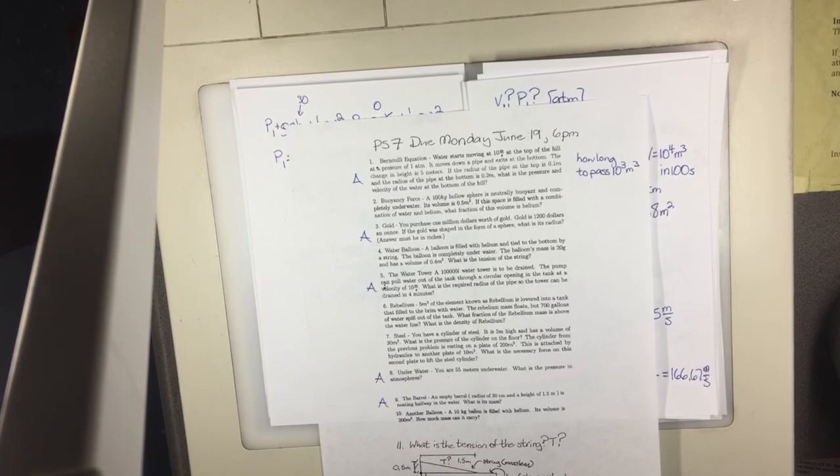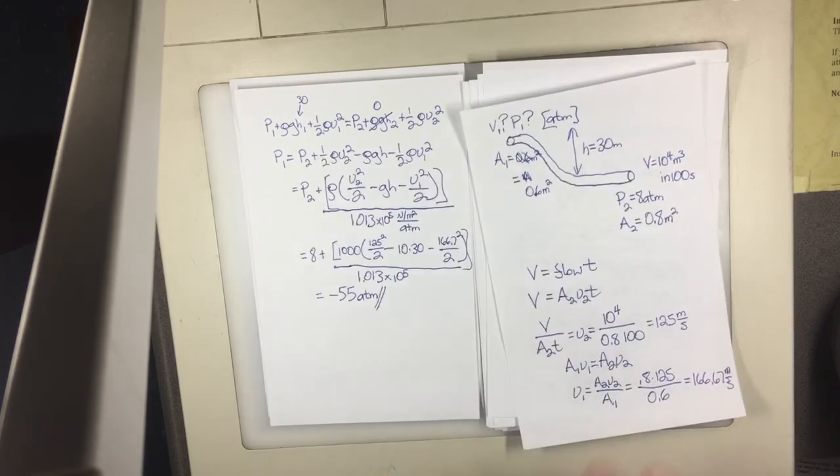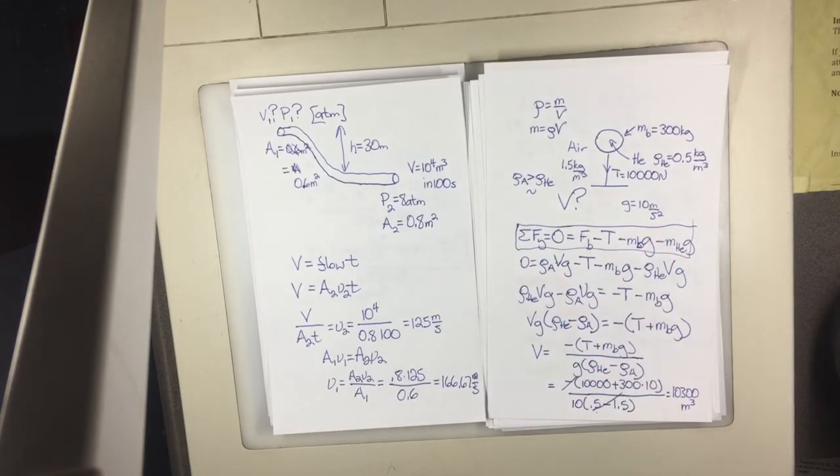So it could be a Bernoulli's like we just did. It could be the hole in the bucket like we just did today. It could be a buoyancy problem like we just did. Probably change it up a few different ways. If I do make it hybrid, I can't include test 2 material just because we've already done it.